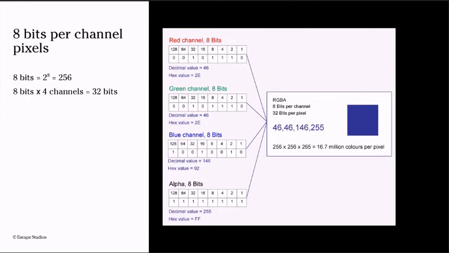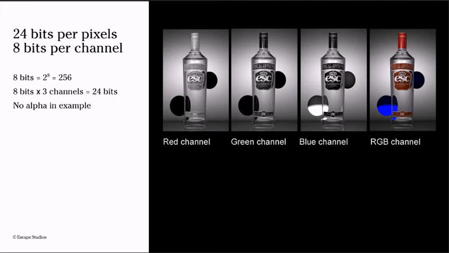And incidentally, in this example we have a solid alpha, so it has a 1 for every channel, a solid white alpha. Our previous example was 32 bits per pixel with the alpha. This example has no alpha, so it's 24 bits per pixel, 8 bits per channel image, 3 8s, 24.